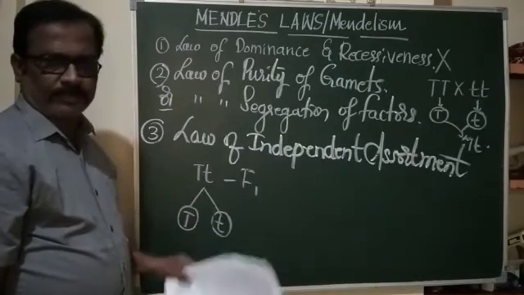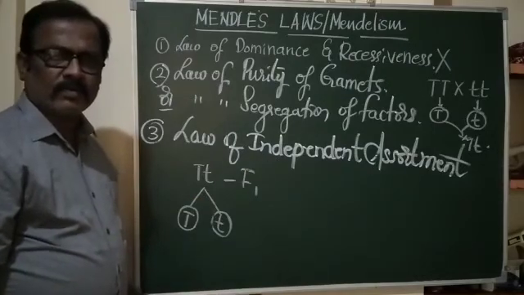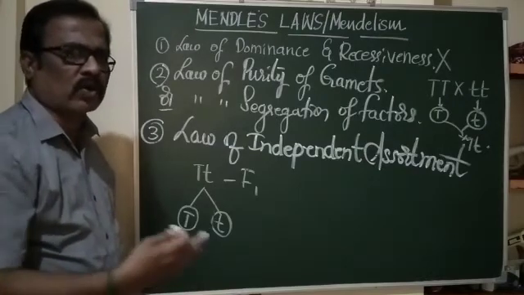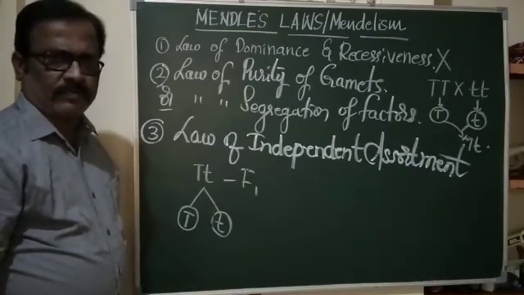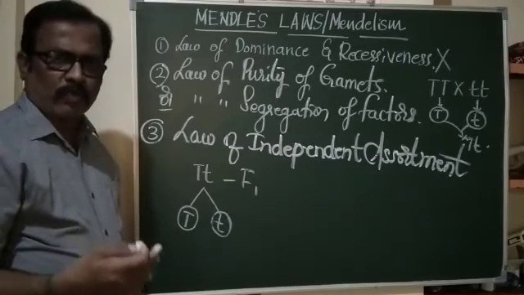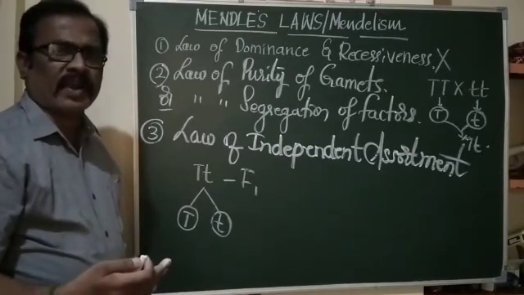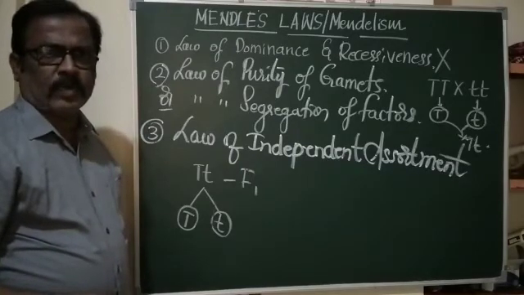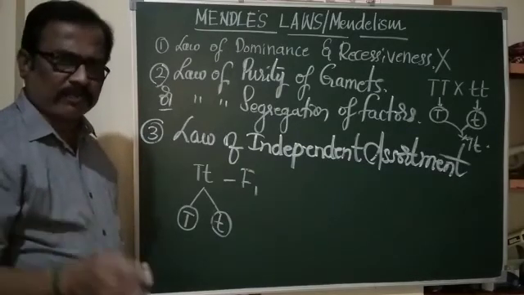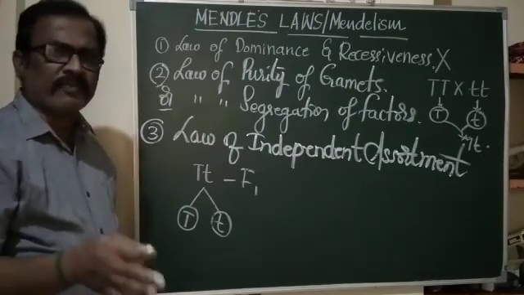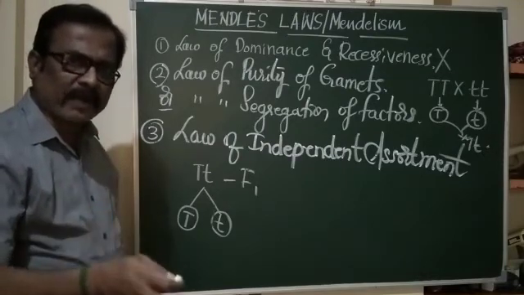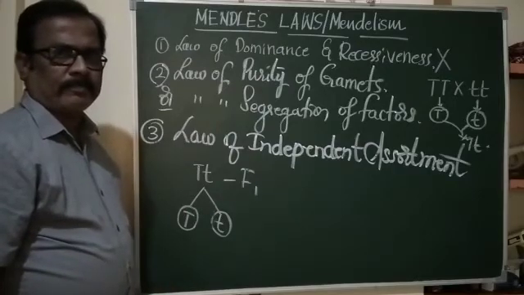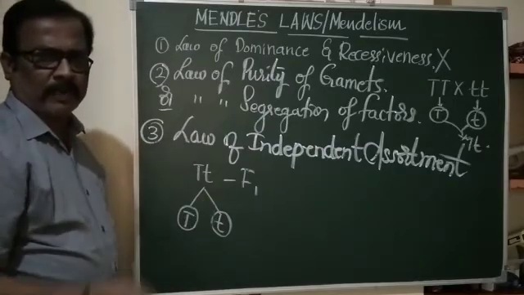What does it state? When two or more than two pairs of contrasting characters are brought together in a hybrid, during gamete formation from that hybrid, each factor assorts out independently of the other factor. I will say with an example.